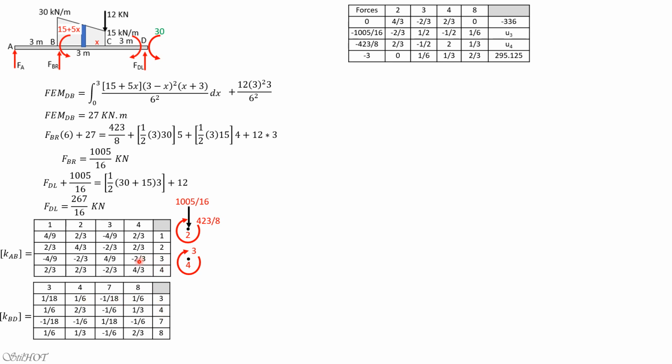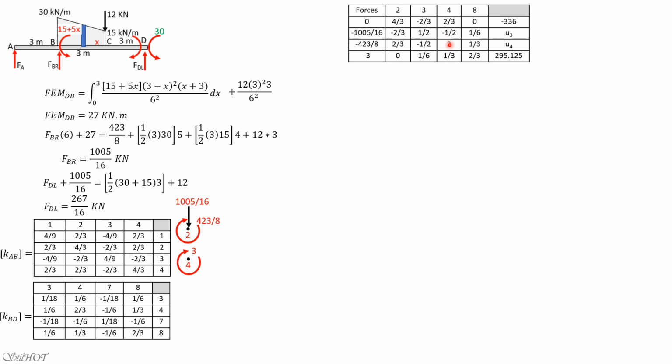So negative 2 thirds plus 1 over 6 is negative 1 half. Then 4, 3 is negative 1 half also. 3, 8 is 1 over 6. So 8, 3 is also 1 over 6.